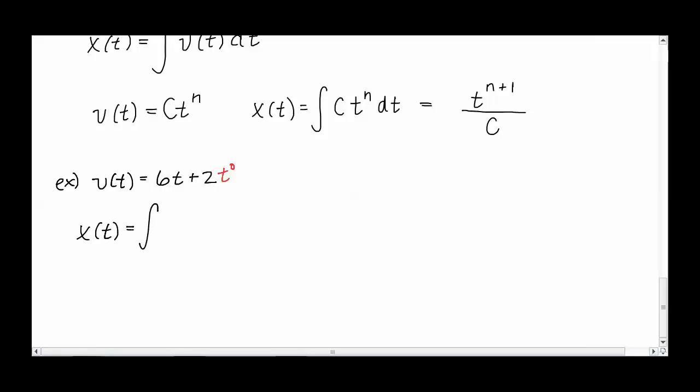So our position function would be the integral of 6t plus 2t to the 0. Remember, that's still understood. dt. All right, so we're going to do each term separately. t to the 1 greater power should be t to the 2 divided by 2, and 6 times that.